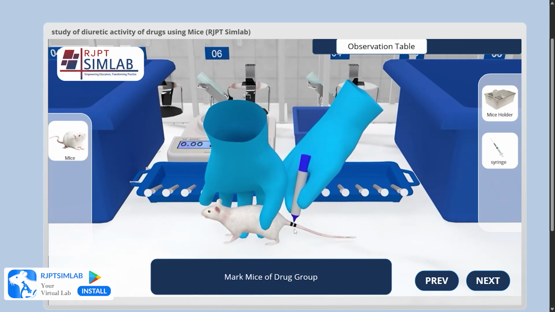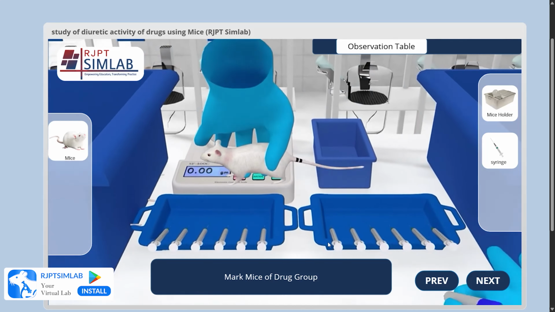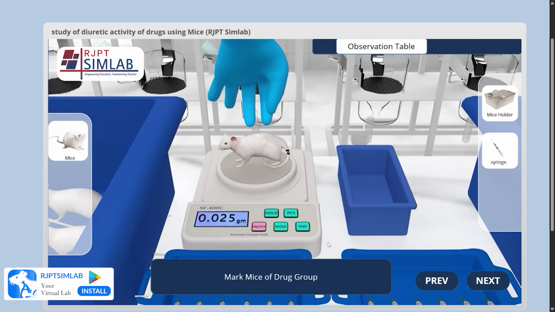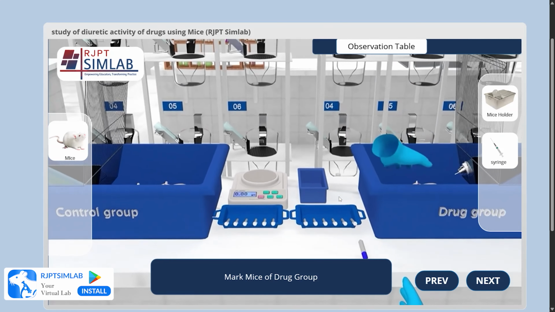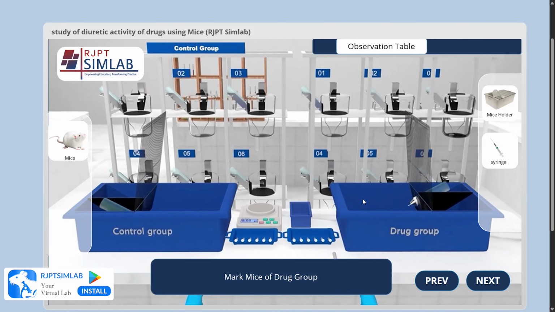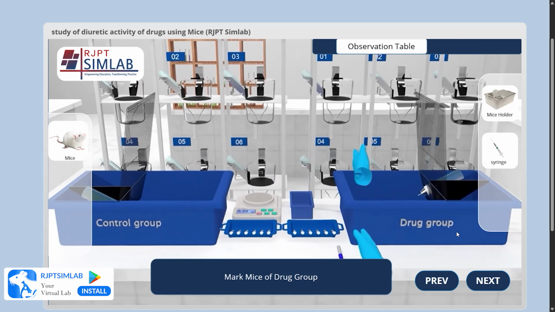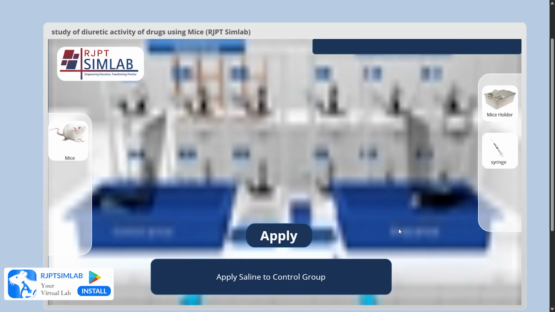As we can see here, we're making 2 lines. And then again, we will weigh it on the weighing machine. And then again, we will place it inside the drug group. Just like this, we will mark all the mice of the drug group. Now we have marked all the mice inside the drug group, and now we'll apply saline to the control group.